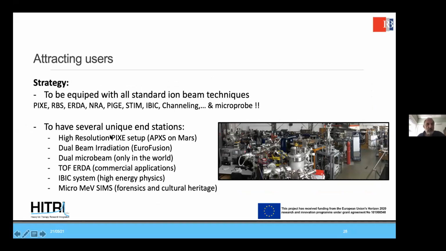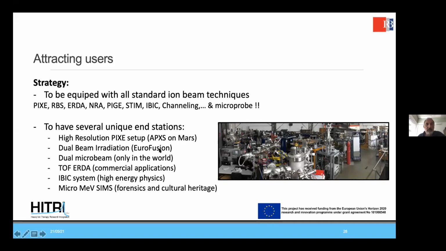And then we also have some unique end stations, for instance, a high resolution pixel setup. There are only a few, and we use it to calibrate the APX spectrometer that is currently on Mars. We have the only dual microbeam irradiation in the world. We are using dual beam irradiation for fusion research.